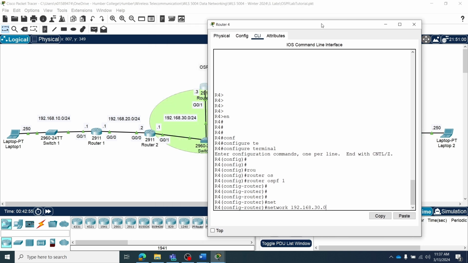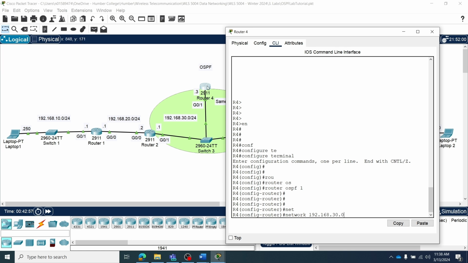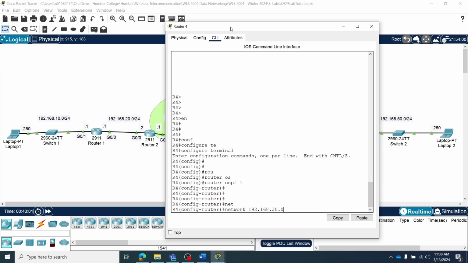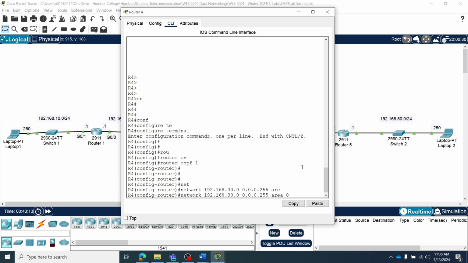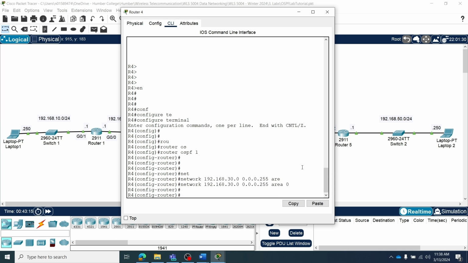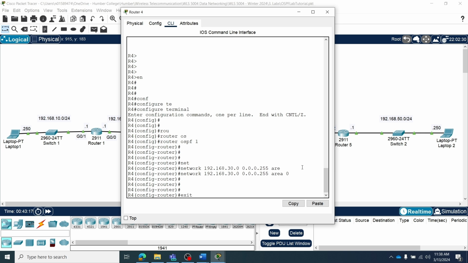This is the only network connected to router number 4. Now we need to give the wildcard mask 0.0.0.255. Then area is 0. Now exit.